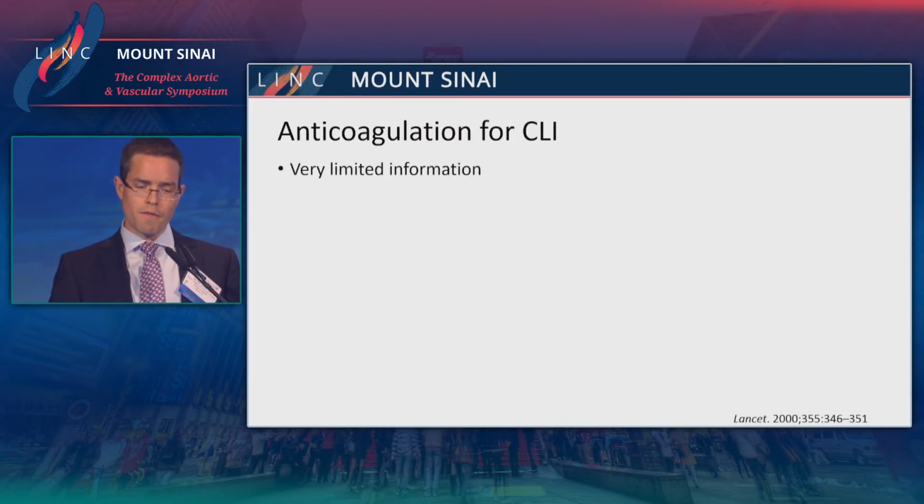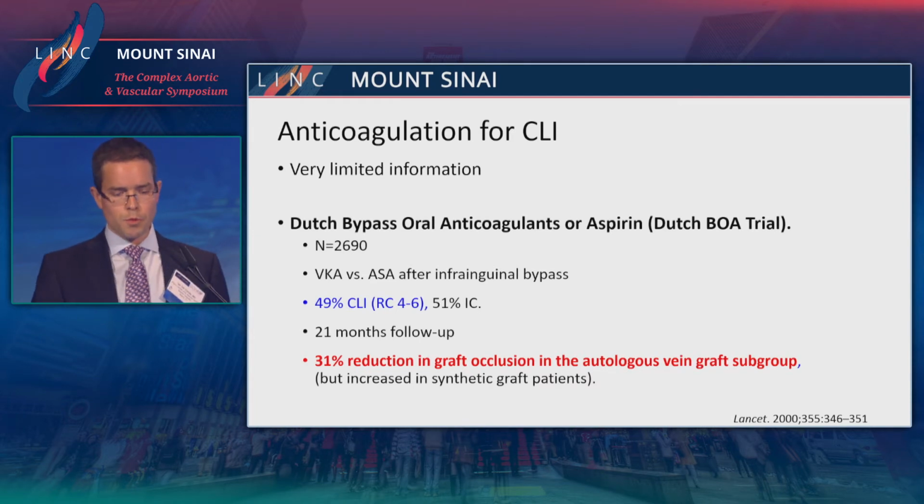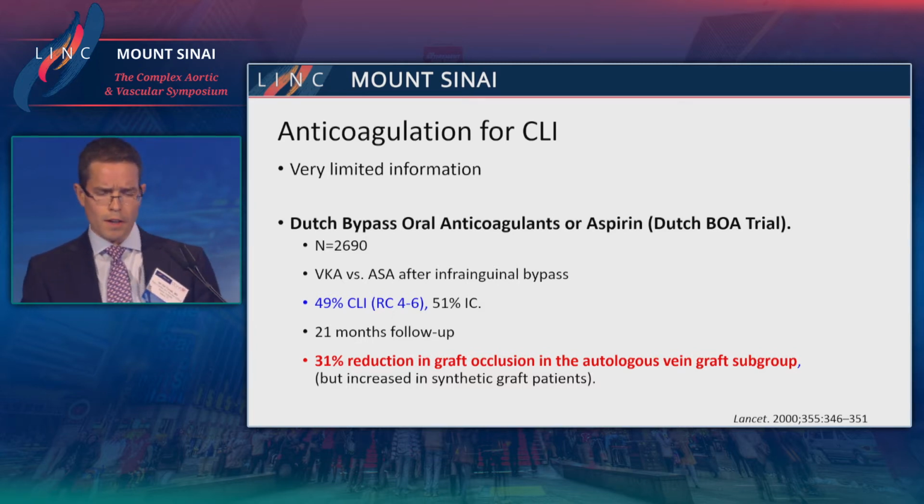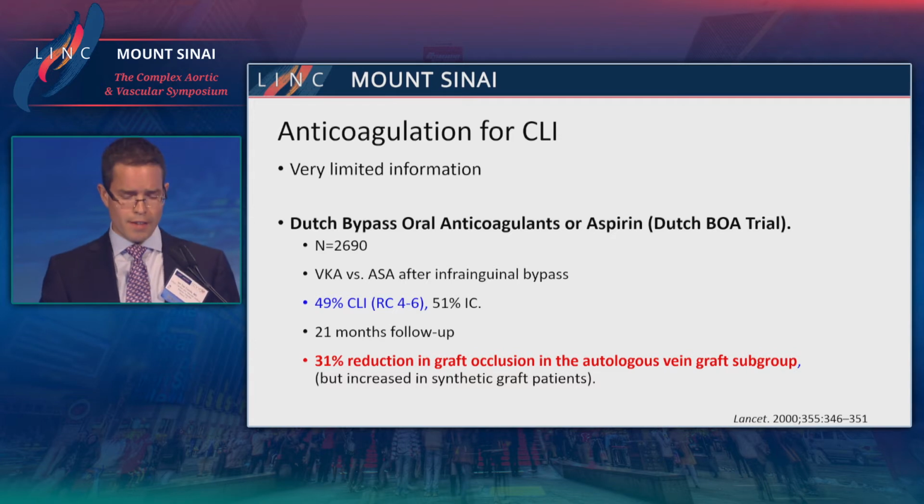Anticoagulation for CLI, very limited information. Perhaps one of the best data that are out there come from the Dutch Bypass Oral Anticoagulants or Aspirin trial. These were patients, more than 2,500 patients, randomized to either vitamin K antagonists or aspirin after infrainguinal bypass. A fair number of them, about 50%, had CLI.